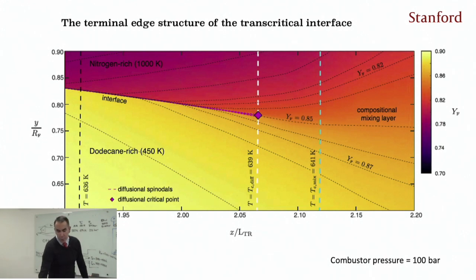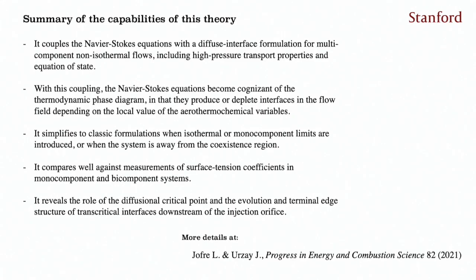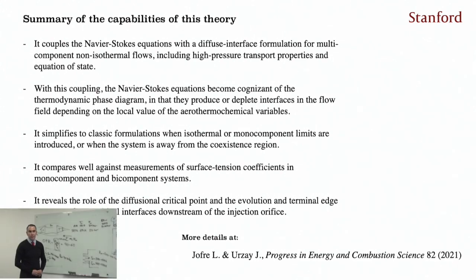So here is the decay of surface tension that one can calculate. The surface tension survives for some distance that is equivalent to a thermal entrance length that one can also estimate with this theory. So I'm going to finish here, and I'm just going to leave you with this summary of capabilities of the theory, and I'll be open to questions if you have any. Thank you very much.